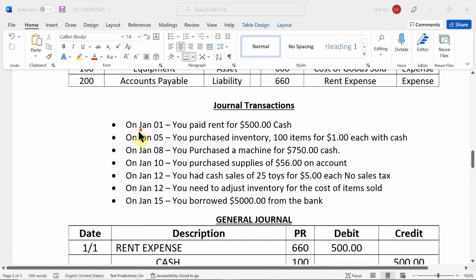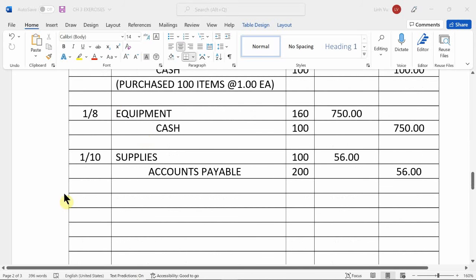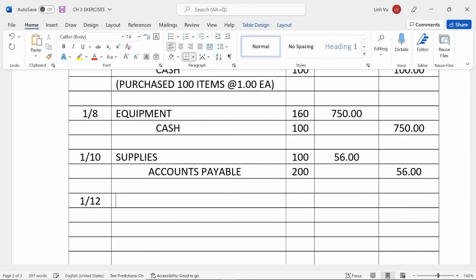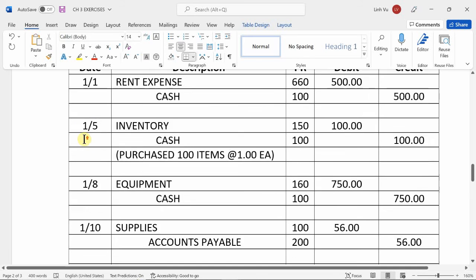Credit. You increase it with a credit. Good. So in this case, that's exactly what I'm going to do here. So today is January 12th. We received cash and we sold stuff.